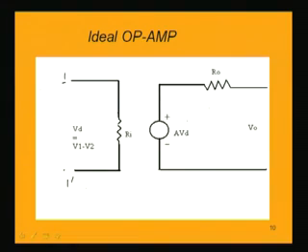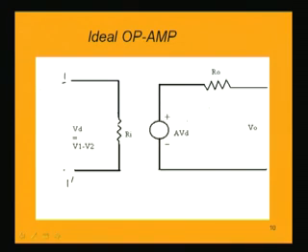So, the input side has two parameters: the difference input voltage, and the input resistance. And what will be the output of the op amp? Gain multiplied by the difference input, A into Vd. So, A into Vd is the voltage source at the output, meaning we get an output voltage A times Vd.